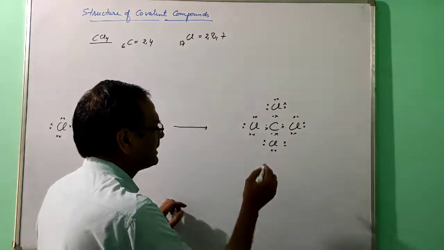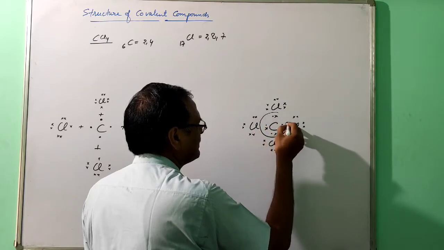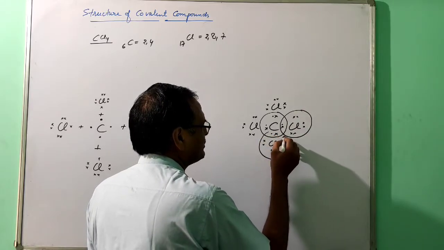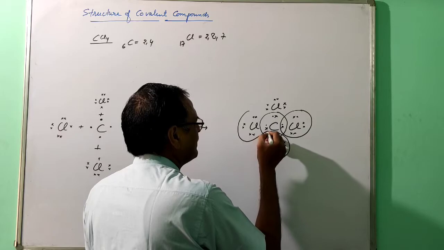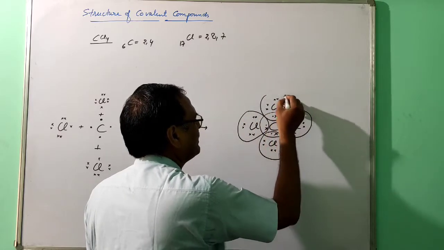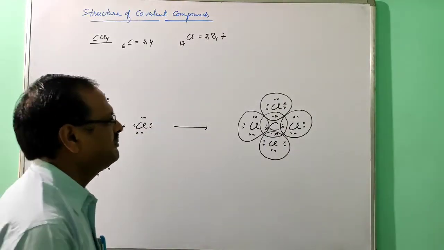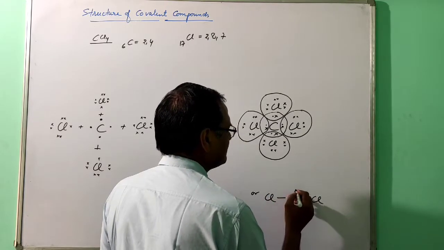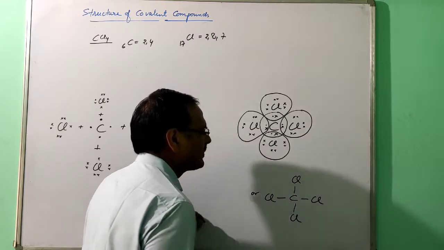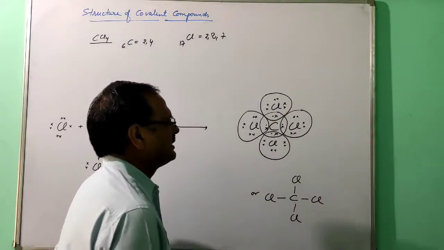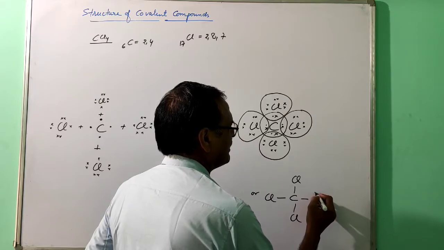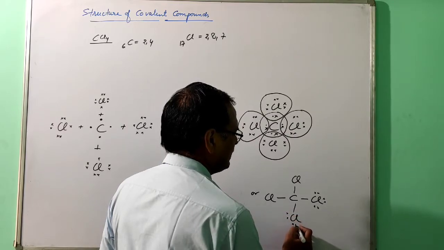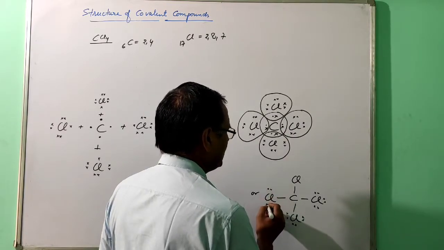So now this carbon is completing the octet, and this chlorine is completing the octet, this chlorine is completing the octet, this chlorine is completing the octet. Without the Venn diagram also you can leave it, no problem. And afterward what you will get: this chlorine, and after this representation, these 6 electrons are there, either by dot or by cross, anyway you can represent.